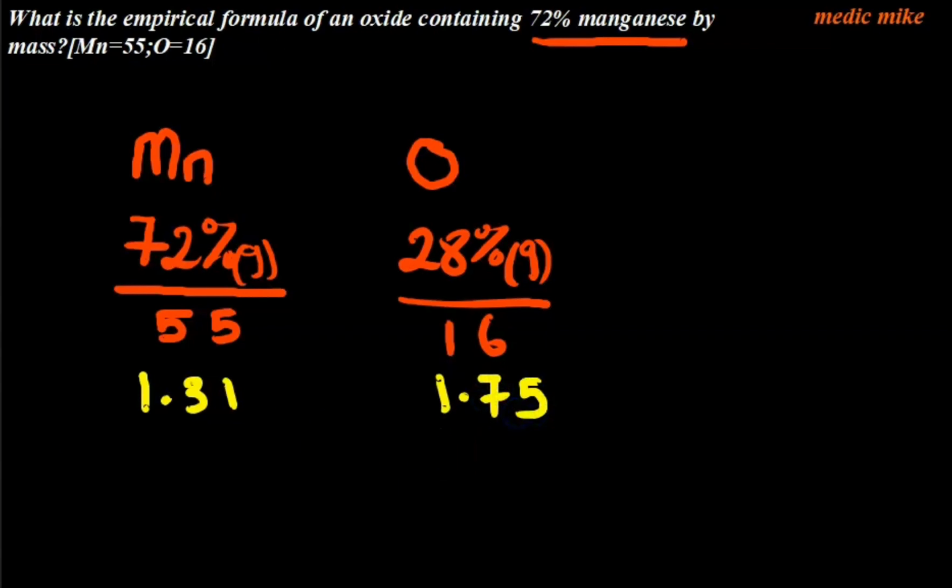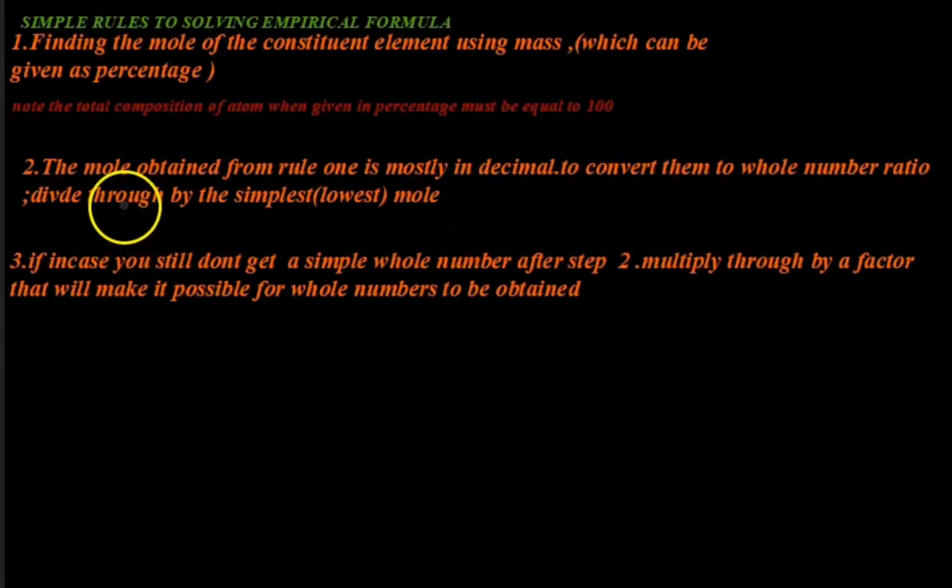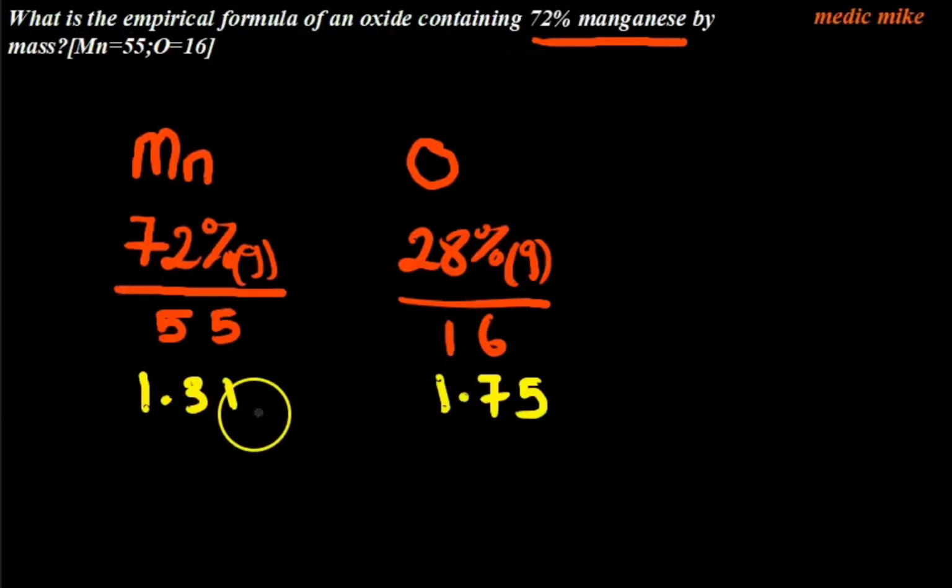Now that takes us to our rule 2, and rule 2 says the mole obtained from rule 1 is mostly in decimals, as we have seen. Now to convert them to whole number, we have to divide through by the simplest mole. Now between 1.31 and 1.75, which is the simplest mole? Of course 1.31.